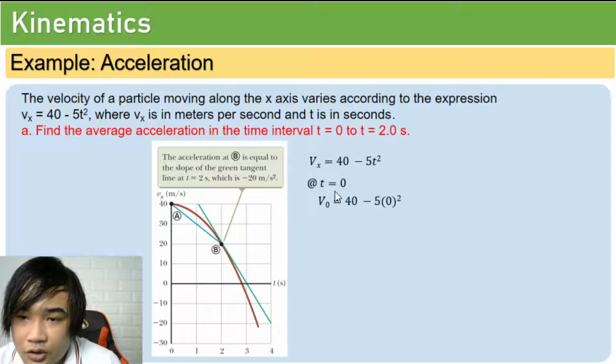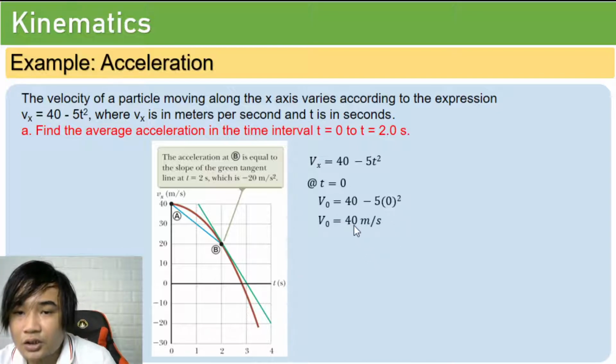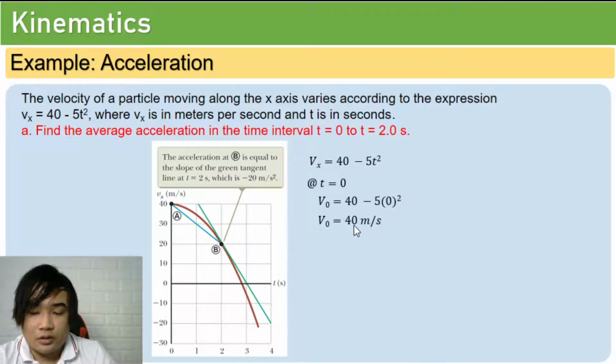At t equals 0, substitute t equals 0 to get the velocity. Velocity is 40 meters per second.